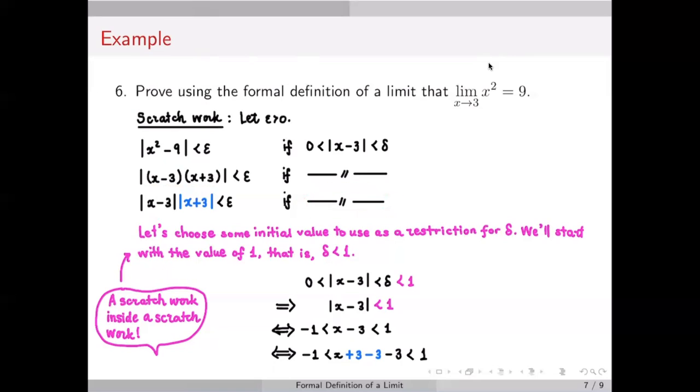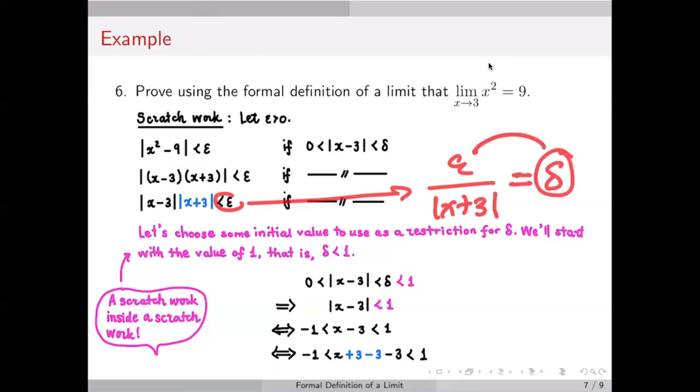Now, here's the problem. Unlike in the linear function, where we are able to extract x minus 3, basically the domain, and there would be no variable left, you might be tempted to say, why not consider epsilon over the absolute value of x plus 3 as our delta?